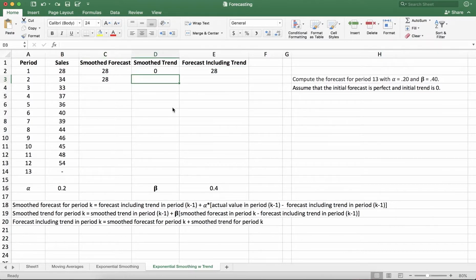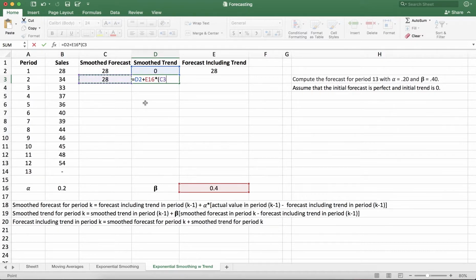Next, we are going to calculate the smoothed trend, and the formula for it is given in this row. Smoothed trend for period K, which in this case corresponds to period 2, is the smoothed trend in the last period, whatever is in D2, plus the smoothing constant beta, 0.4, times the smoothed forecast in period K. The smoothed forecast in this period is coming from C3, minus the forecast including trend in period K-1.